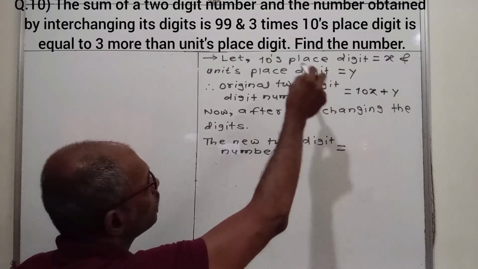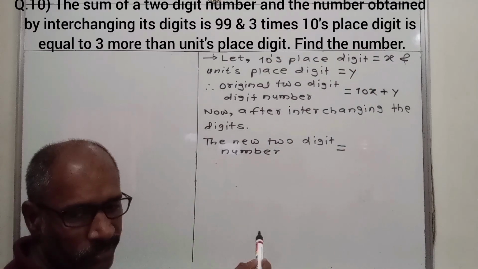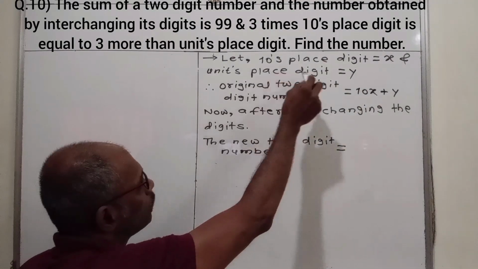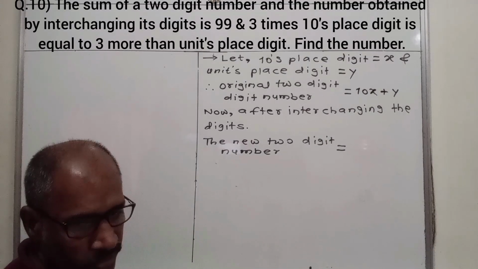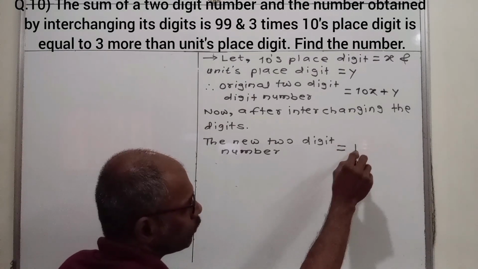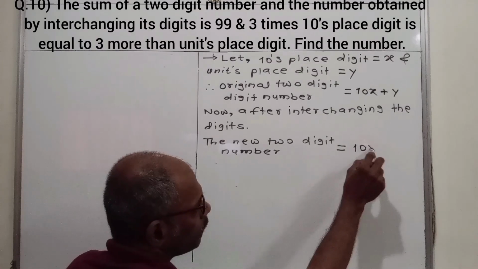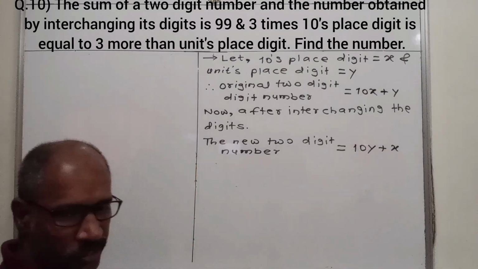In the same way here, tens place x, but we interchange, then that becomes y and units place becomes x. Did you get it? Means interchange. When we interchange the digits, then what happens? The new two-digit number is 10y plus x. Did you get it?